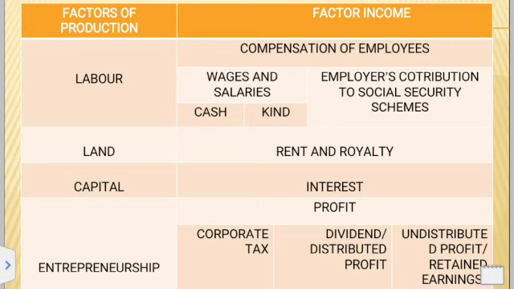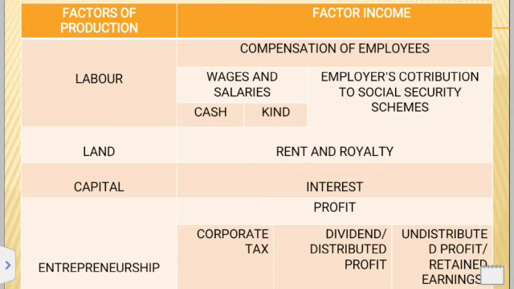So broadly here we will start with labor as a factor of production, and when labor is rendered, the remuneration that is obtained by labor is known as compensation of employees. This is the term that we use while estimating national income in income method. So for labor, the factor income is compensation of employees.